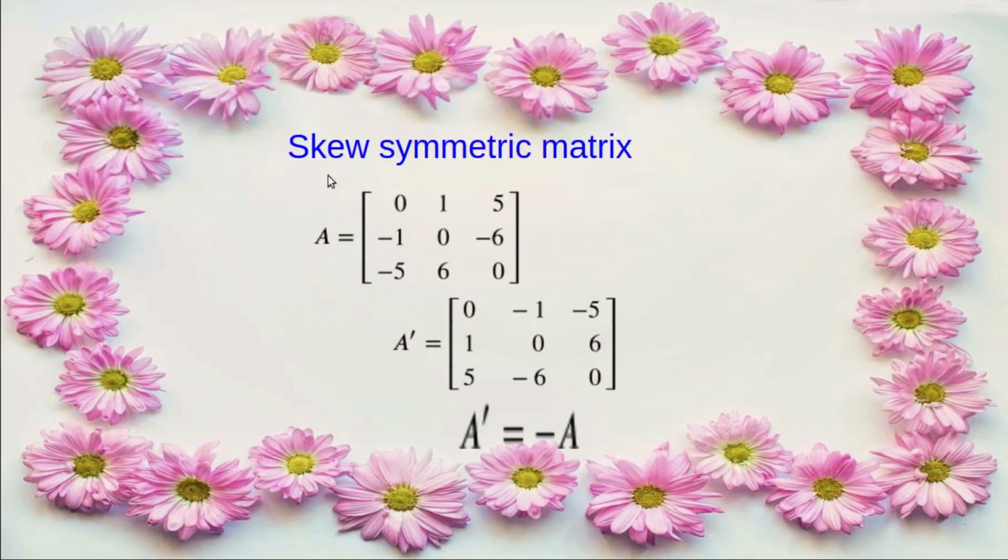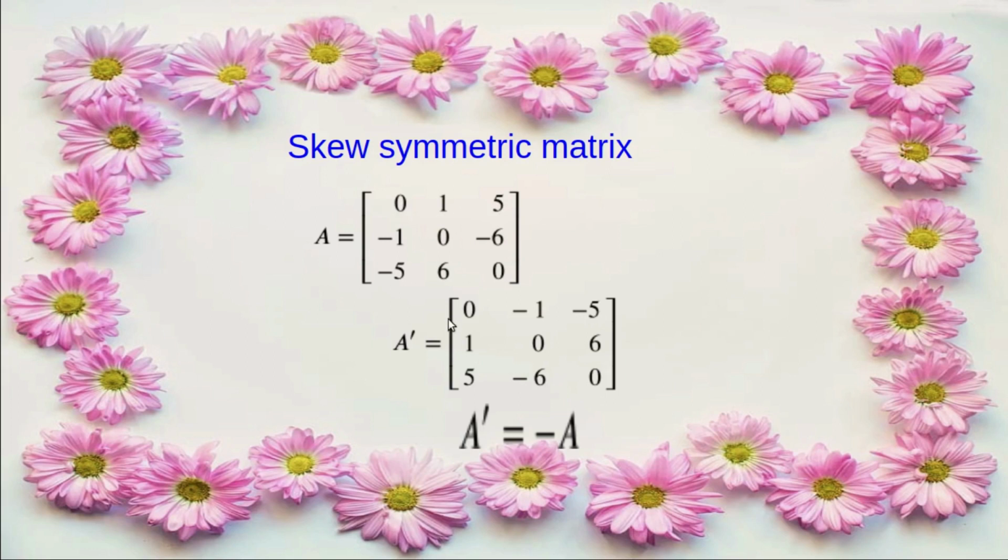Now next is the skew symmetric matrix. Consider a matrix A equal to the matrix 0, 1, 5, minus 1, 0, minus 6, minus 5, 6, 0. Now A transpose is 0, minus 1, minus 5, 1, 0, 6, 5, minus 6, 0. Interchange rows and columns.